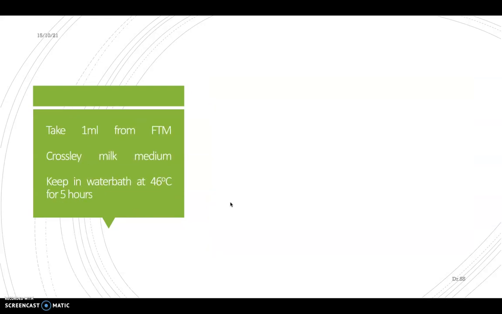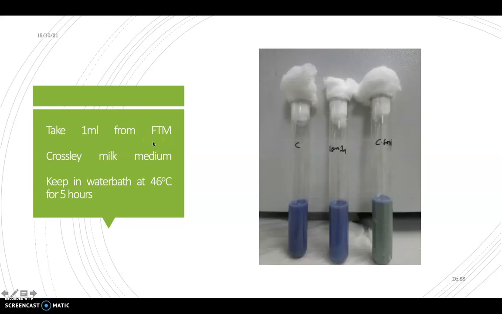After that we go for further confirmation by taking 1 ml from the FTM medium and preparing the Gross milk medium. This is mainly for stormy clot formation. For that we keep it in a water bath at 46 degrees Celsius for 5 hours. Within 2-3 hours we will get results, but we can increase the time up to 5 hours.